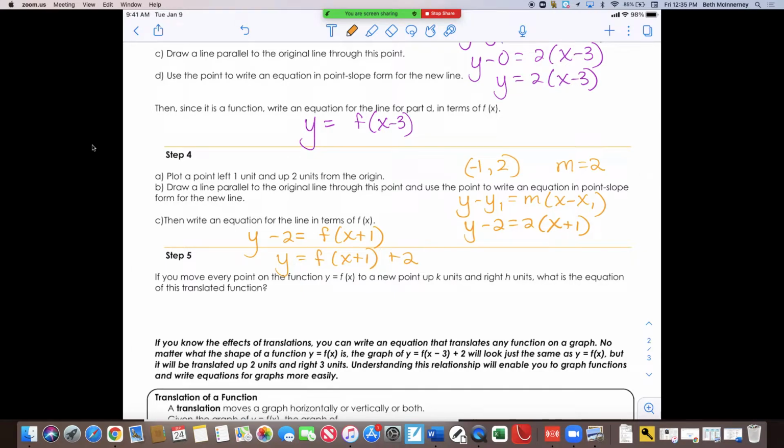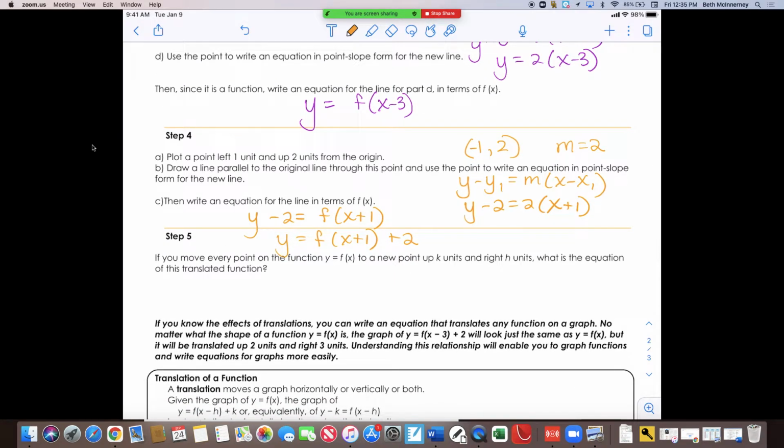So here's kind of the big idea. This is where, when we're putting it together, it can be confusing. I moved up 2, so there's a plus 2 on the outside. But when I went left 1, because it's x minus a negative, it does the opposite of what you think, and it's x plus 1. Okay? So in step 5, if you move every point of y equals f of x to a new point, up k units and right h units, what is the equation?